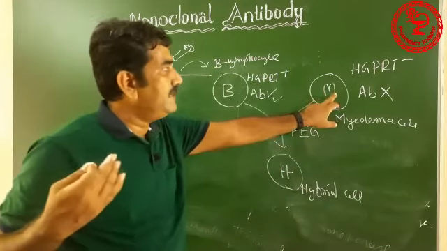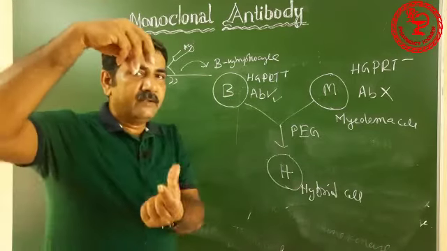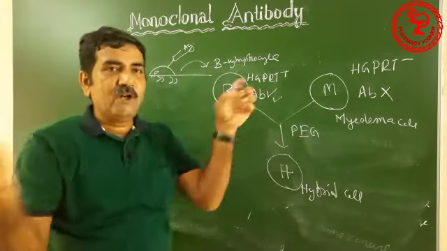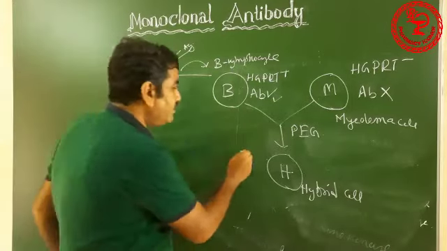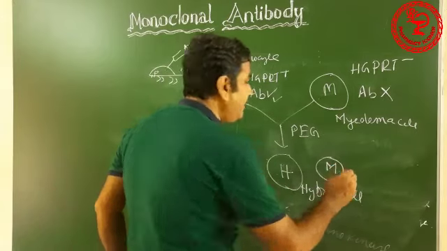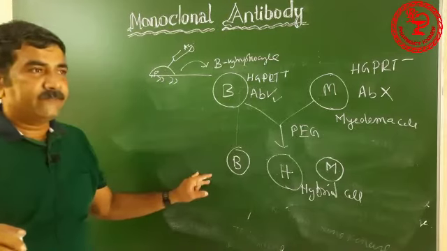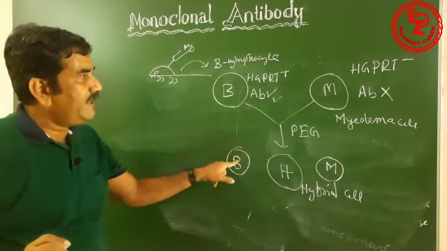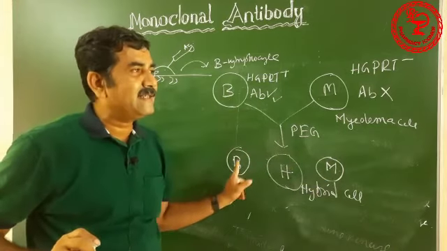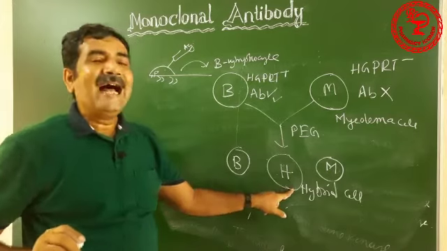Three properties. So now in our suspension mixture, three types of cells are there, because all cells will not hybridize. So there will be B cells, hybrid cells, and myeloma cells. B cells and myeloma cells we have originally taken. Some of them will remain as original and some will hybridize to form hybrid cells.